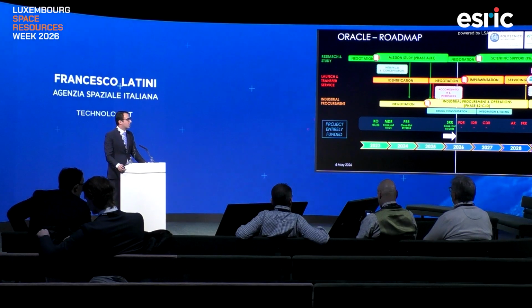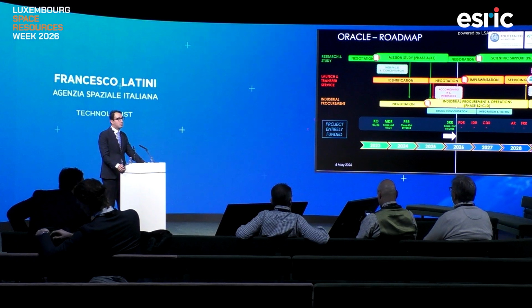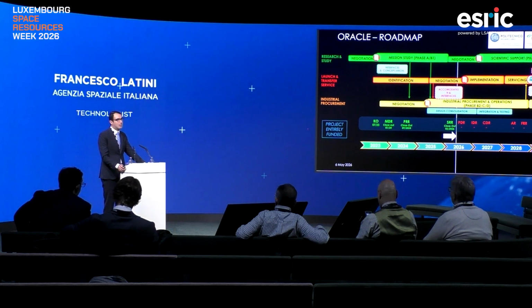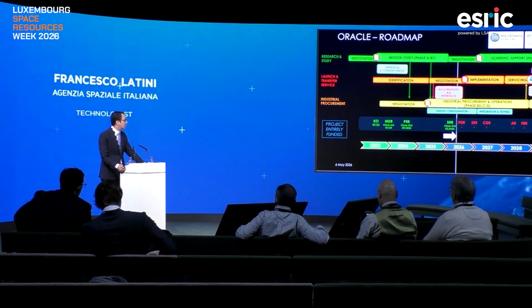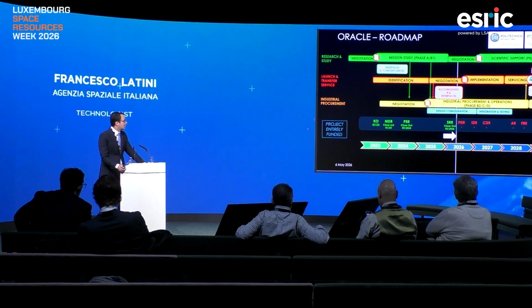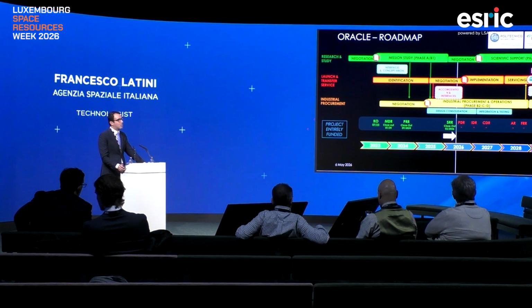Now the contract is in the hands of OHB Italia, and we achieved an SRR last March. It was closed in March 2026. And the next step is the procurement of the service for launch and operation on the lunar surface.